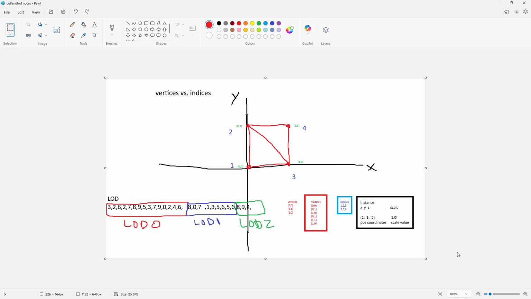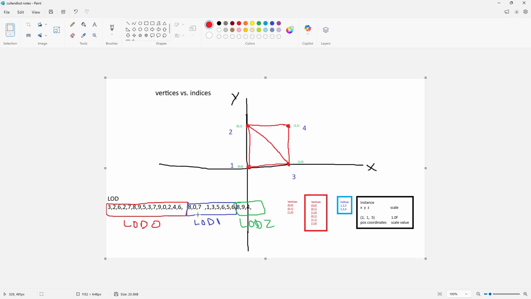Again, just to be thorough, guys, the level of detail is basically related to the indices, right? So these numbers represent the indices. For the highly detailed objects, you get way more indices, and for the lower detailed objects, you get fewer indices, right? But again, guys, you need to resolve these numbers to vertices, because vertices are actually the raw data.